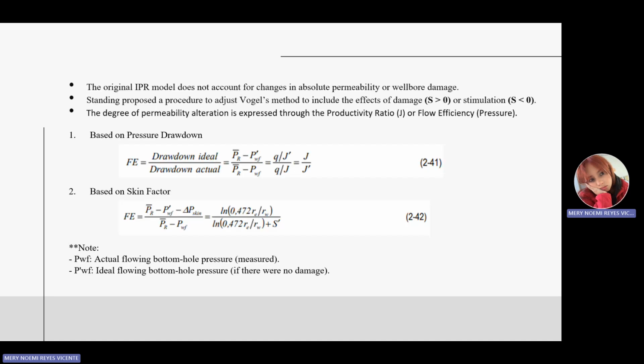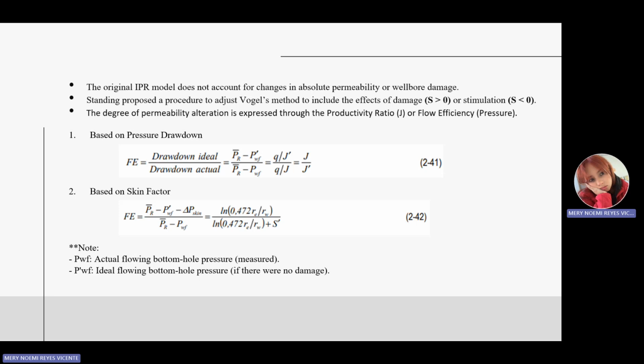To understand this modification, we must first define flow efficiency, or FE. Looking at equation 2.41, FE is the ratio of ideal drawdown to the actual drawdown. Here, the PWF represents the ideal flowing pressure we would have if the well had no damage.